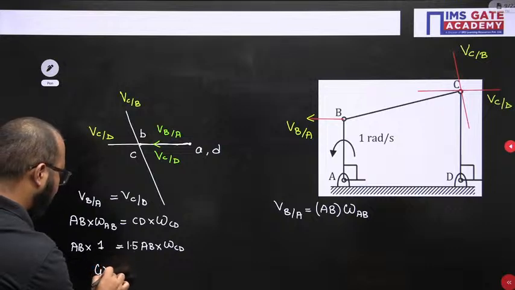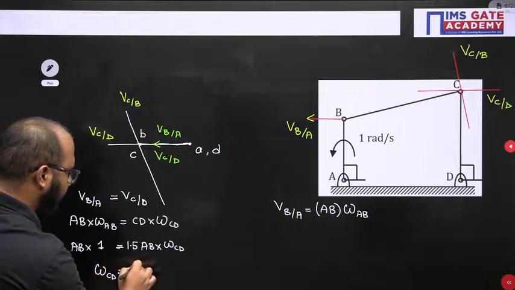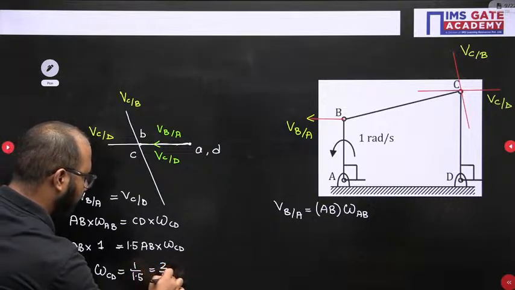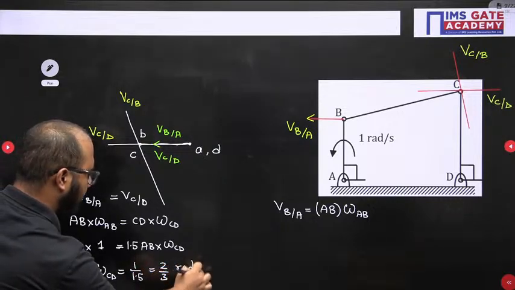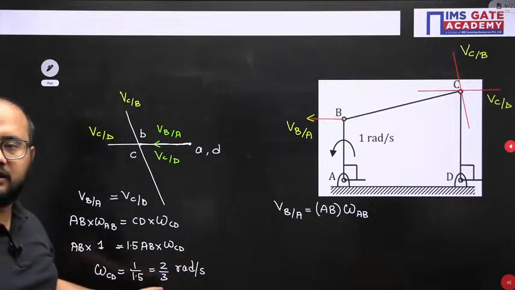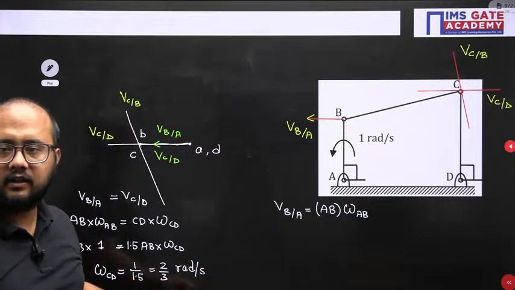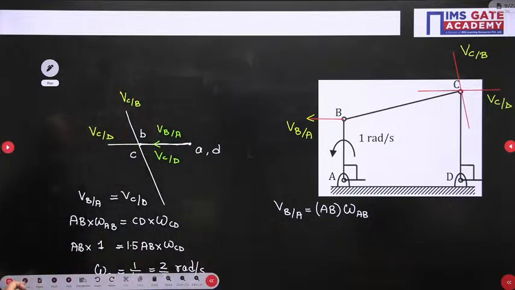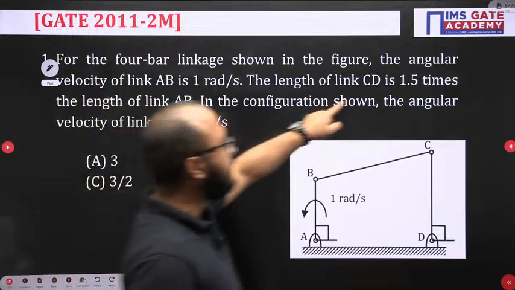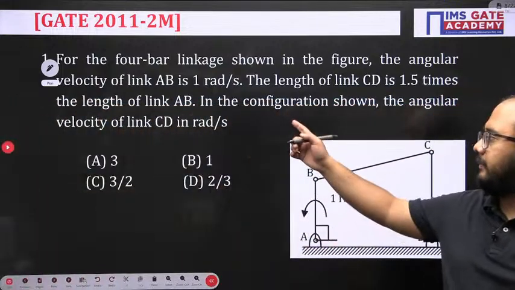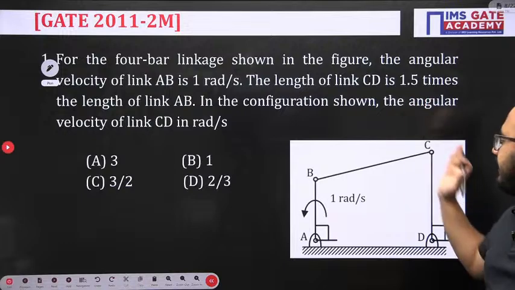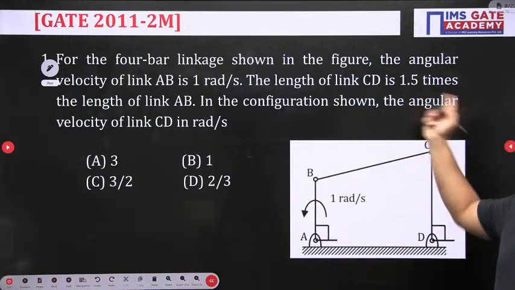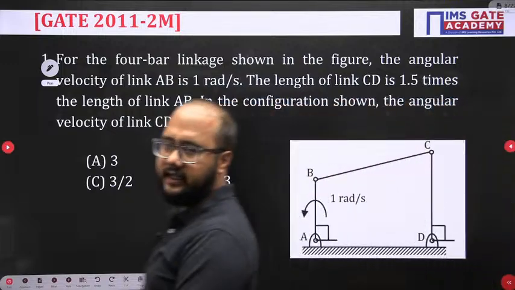So omega CD you will get as 1 by 1.5, which can also be written as 2 by 3 radian per second. You have not seen this data: link CD is 1.5 times of link AB. They have given the relation between CD link length and AB link length.